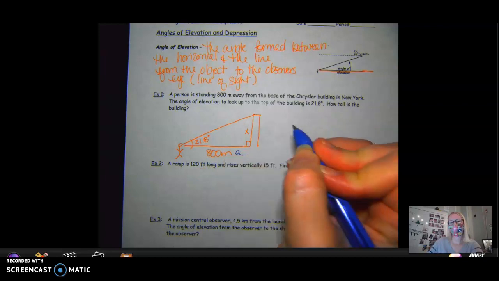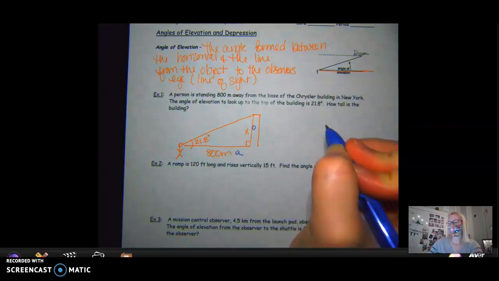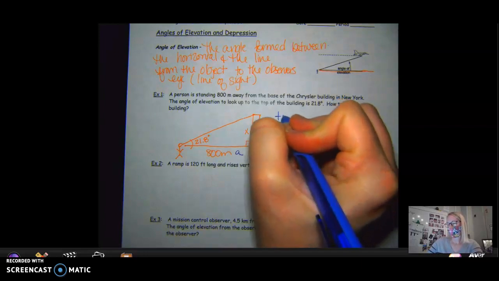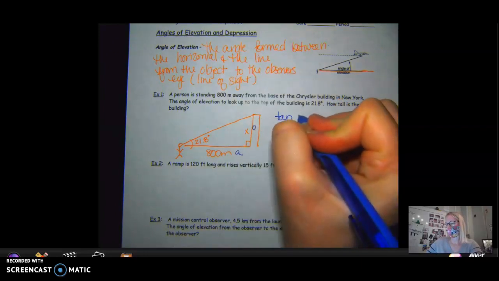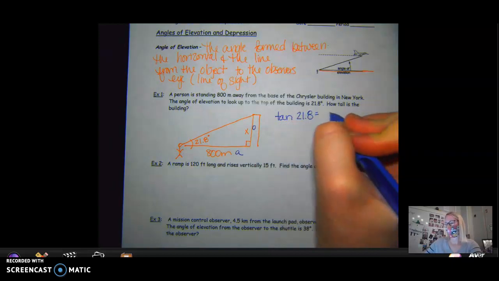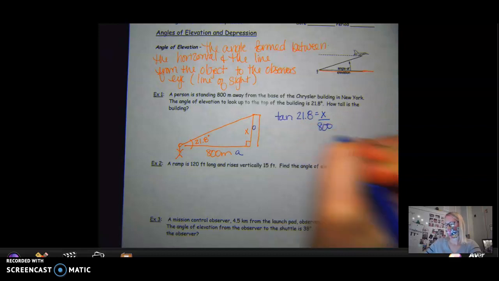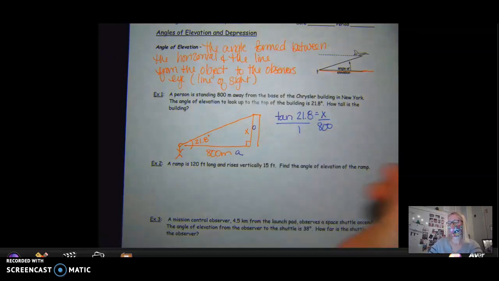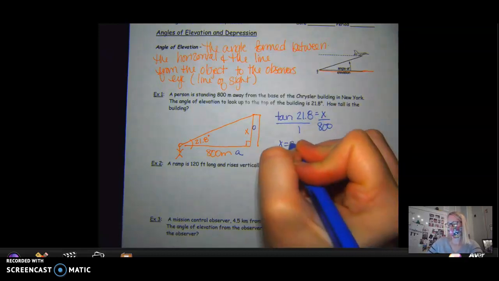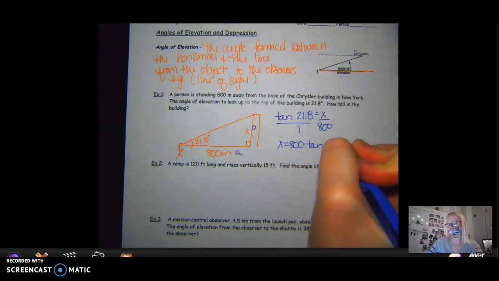Adjacent. X is what compared to that angle? Opposite. Which one uses O and A? So it's tangent of how much? Is equal to what over what? Put this over 1, cross multiply, right? So I get X is equal to 800 times the tangent of 21.8.